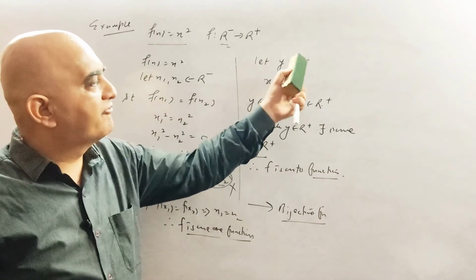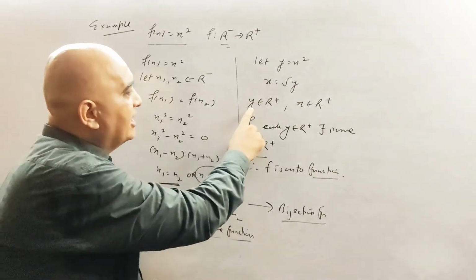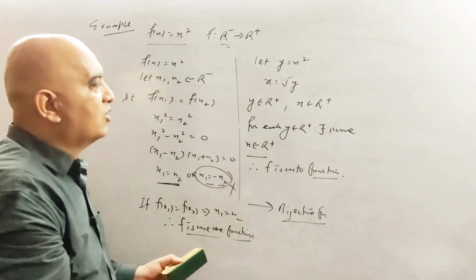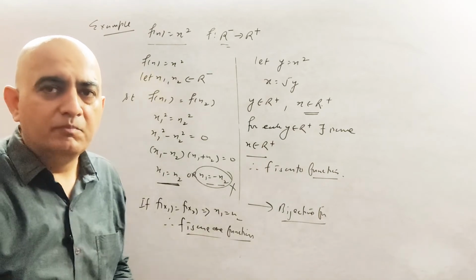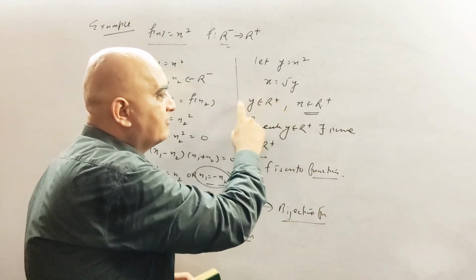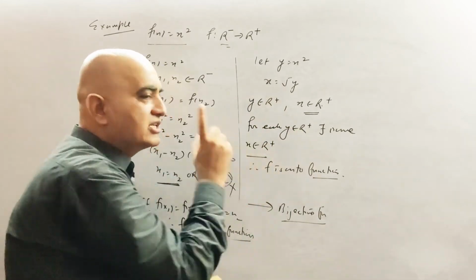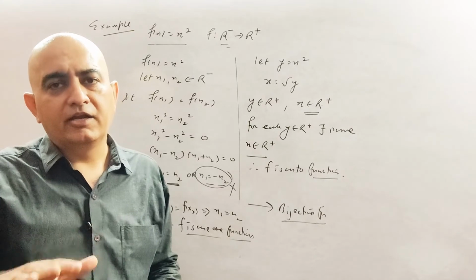And another one is if y is equal to x square, then x is root of y and y is positive reals, then what will happen? x will be positive real. But for each y which is a positive real, there exists some x which is a positive real, but there will be no negative real.